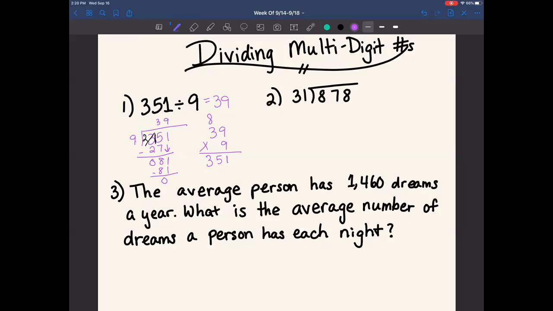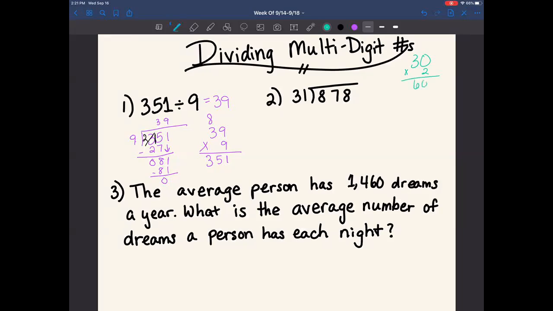Or you can see, okay, well, 31 is close to 30, right? Now, if I have 30 up here, here's my 30. I can easily say 30 times 2 is what? 60.